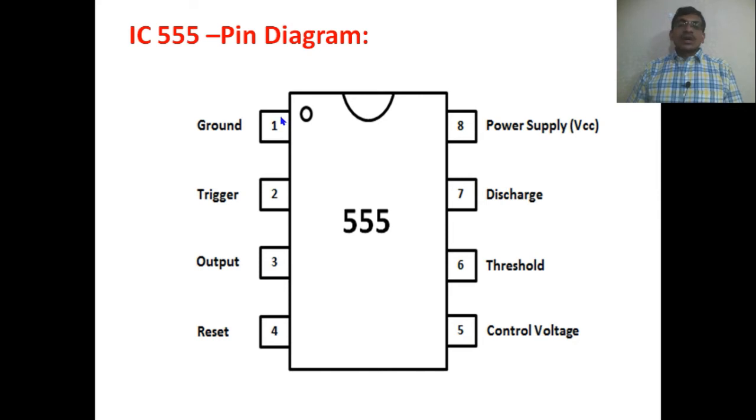So: ground, trigger, output, reset, control voltage, threshold, discharge and power supply. These are all the 8 pins of the mini DIP package of the 555 IC.